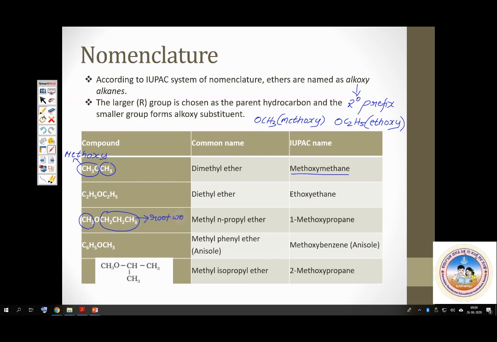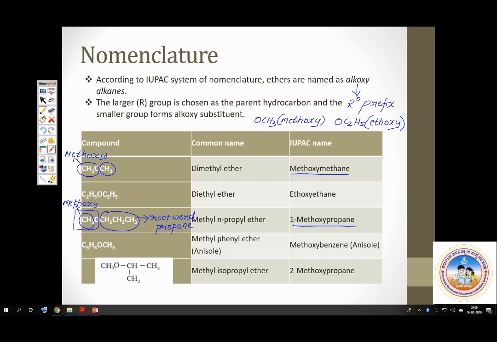Then this becomes a substituent. Along with the oxygen atom, you take it to be the substituent. And that's the methoxy substituent again. Hence you name it methoxypropane. So these are some sample compounds to be named under ethers.